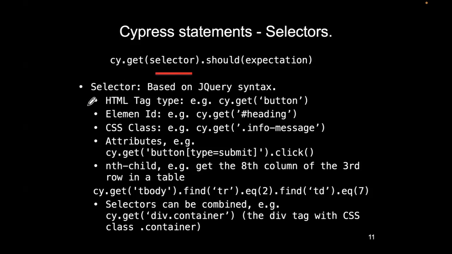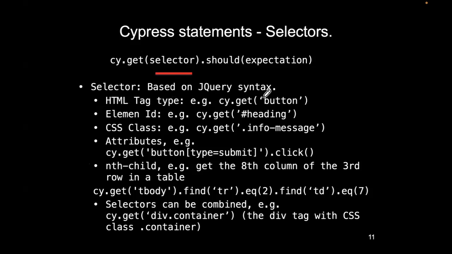And so I'm documenting the different types of selectors that you can use. The one that we've seen so far is where the selector is just specifying a HTML tag type like button or paragraph or H1, H2, that kind of idea.